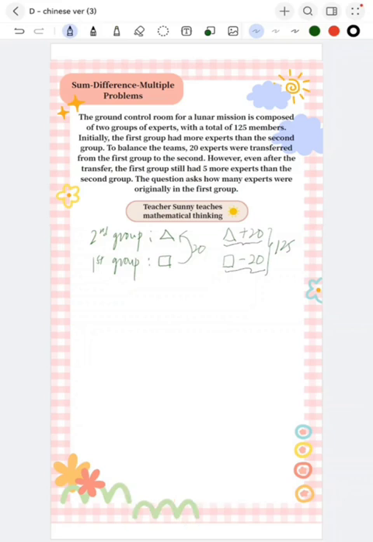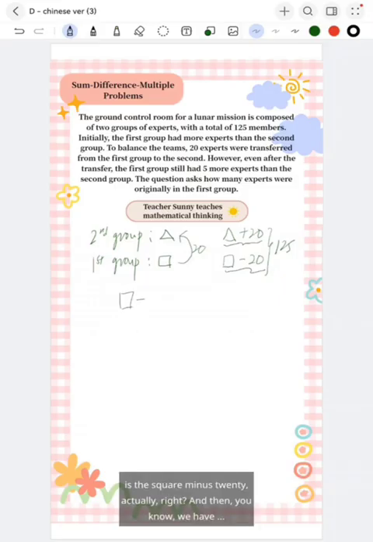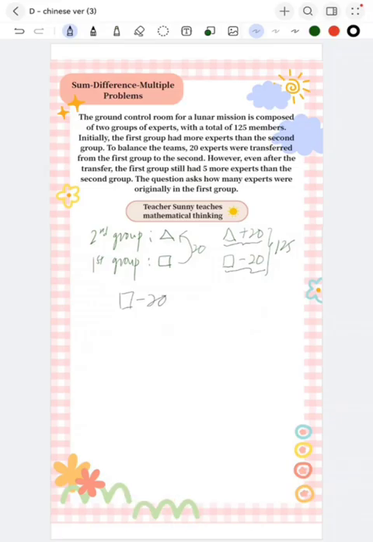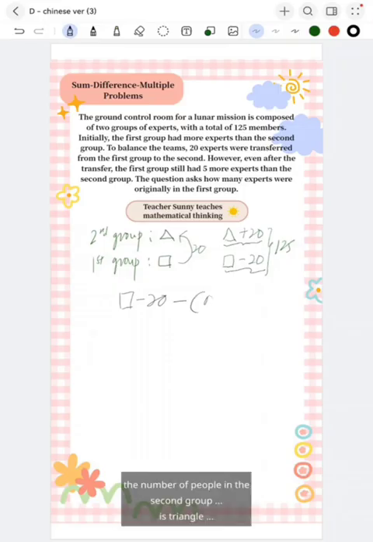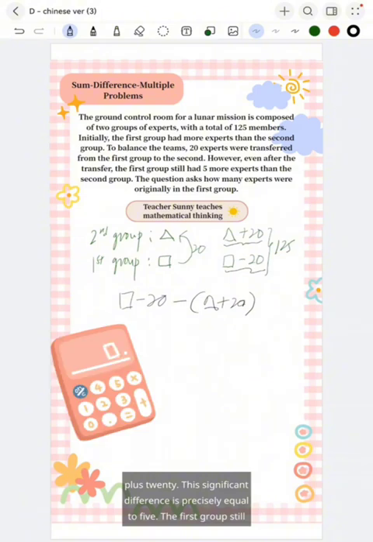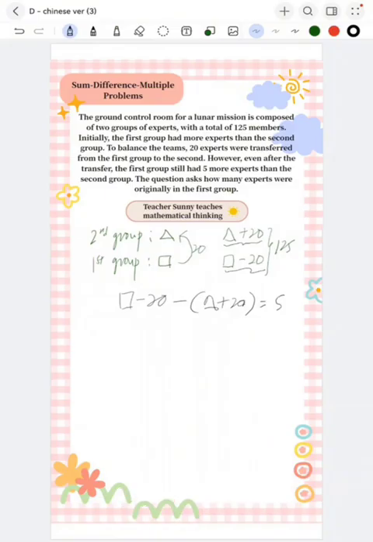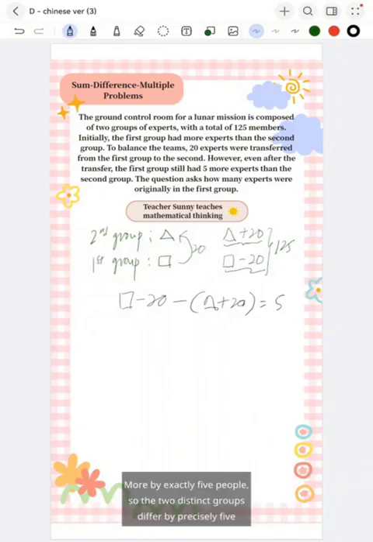So the number of people in the first group is square minus 20, and the number of people in the second group is triangle plus 20. This difference is equal to 5. The first group still has more people than the second group, more by exactly 5 people, so the two groups differ by 5 people.